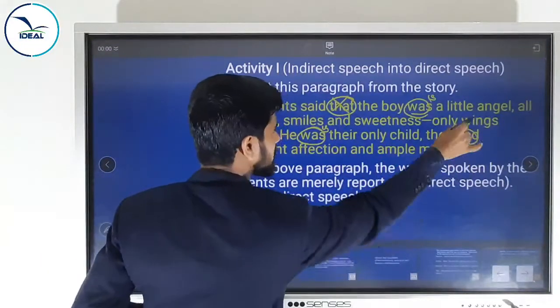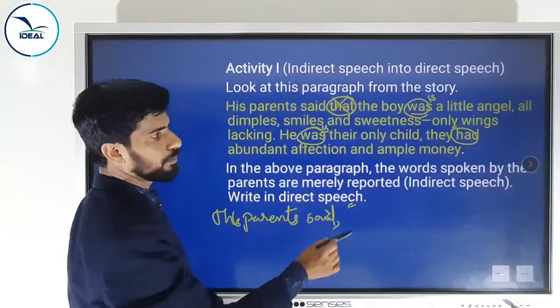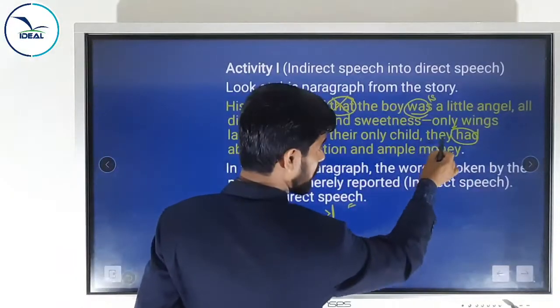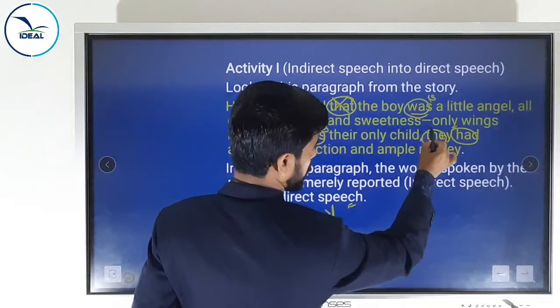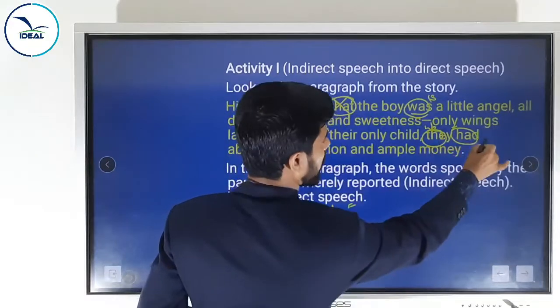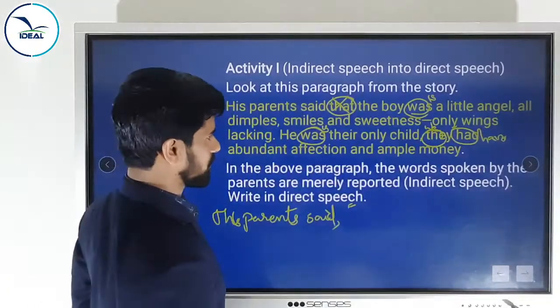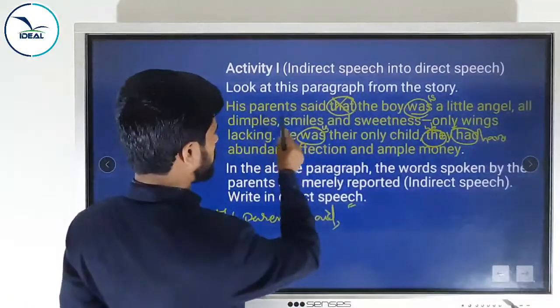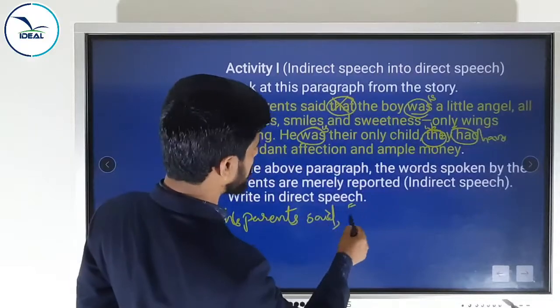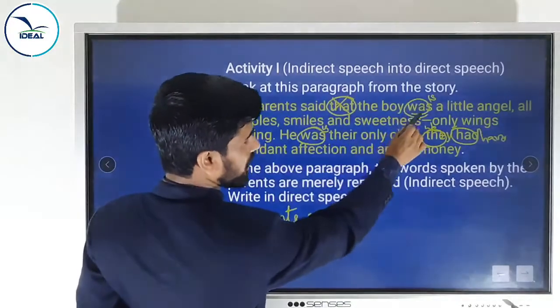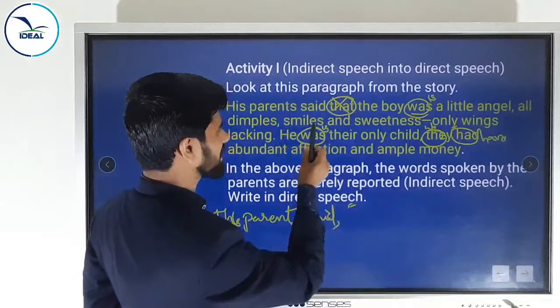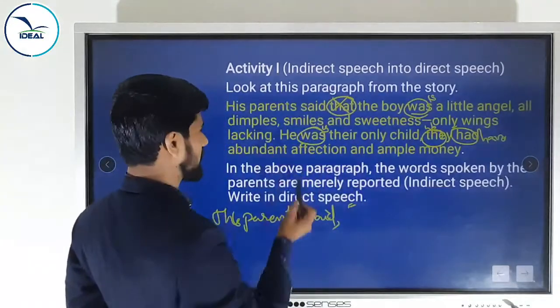They had abundant affection and ample money. They have. Instead of they, you can write we. Parents say, we have. The parents said, inverted comma, the boy is a little angel, all dimples, smiles, and sweetness, only wings lacking.